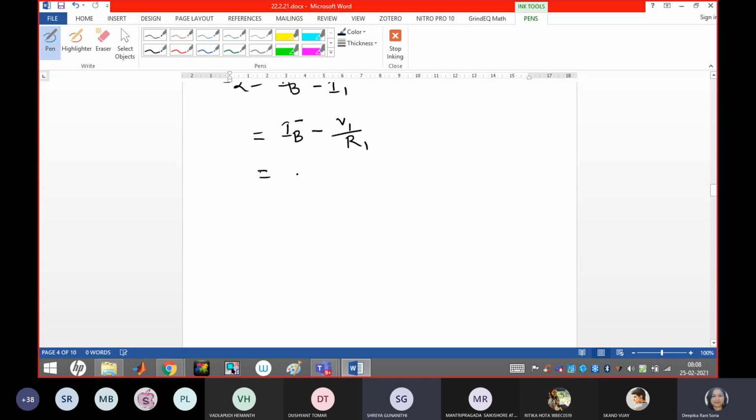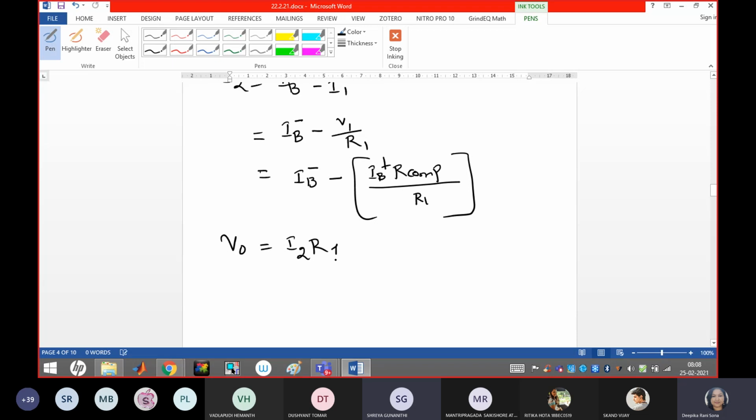Okay, so the same equation can be written as IB minus IB plus into R comp whole divided by R1. Right? And again, we know that V0 can be written as I2 RF minus V1, because V1 is equal to V2.